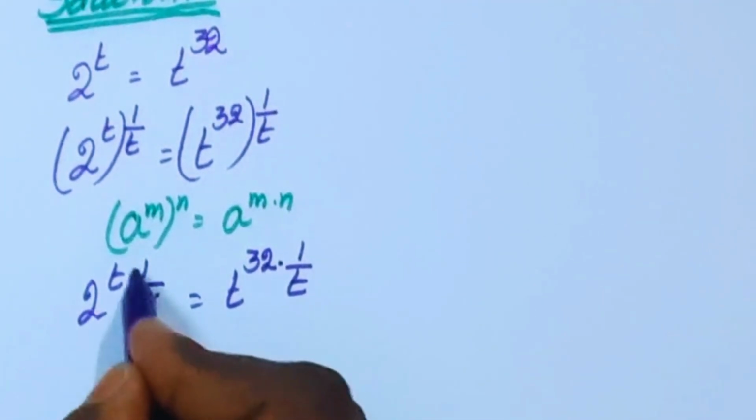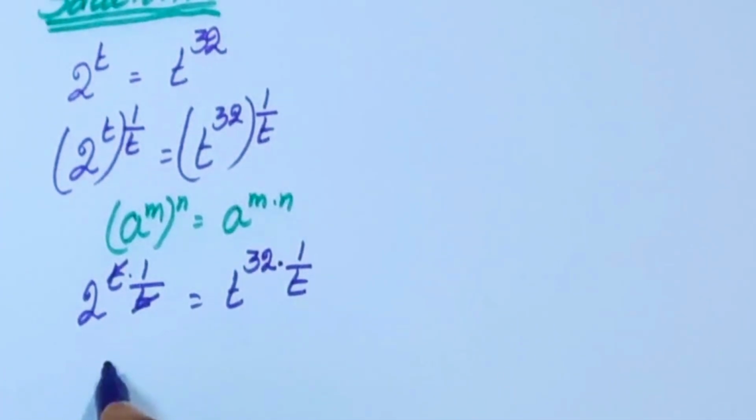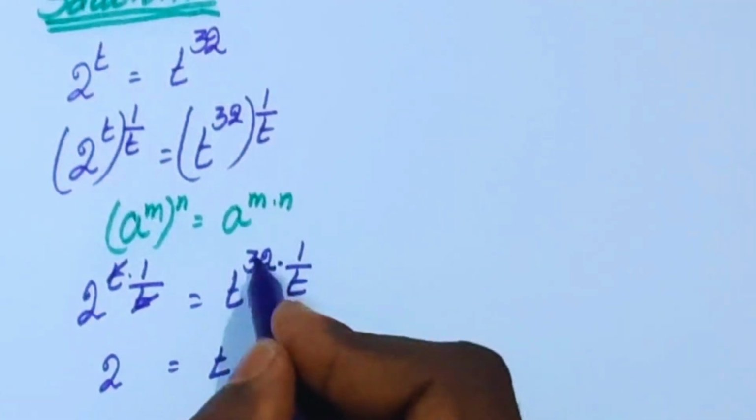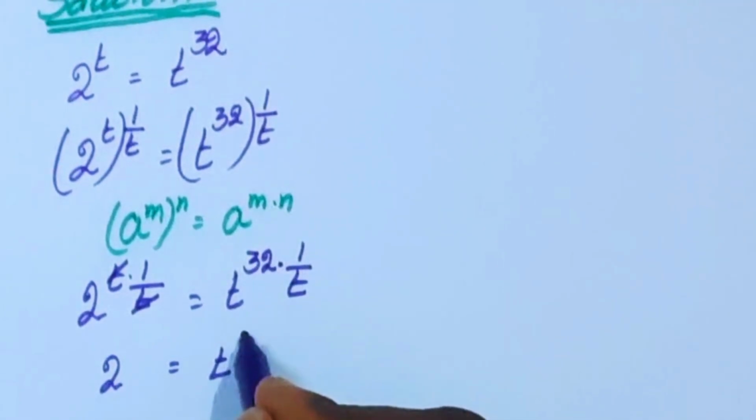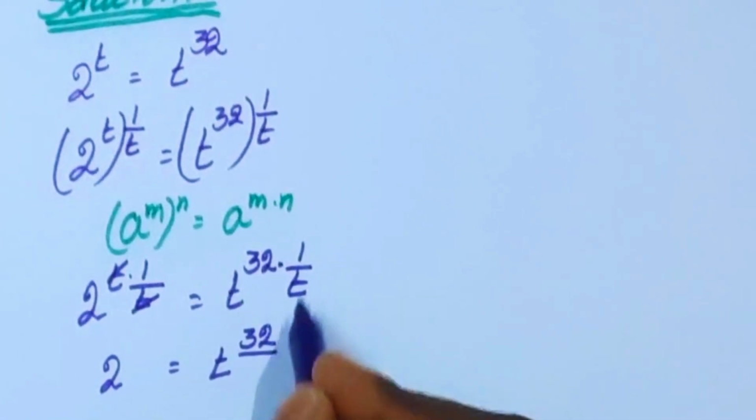Now this t cancels this, so here 2 equals t power 32 times 1, which is 32 by t.